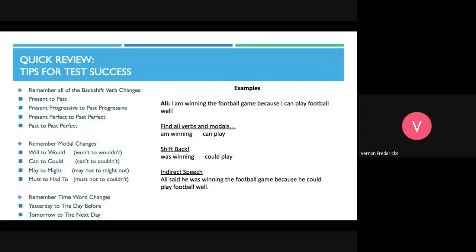Secondly, find your modals. If you find your verbs, shift it back one. Present continuous or present progressive into past progressive. Present simple into past simple. Present perfect to past perfect.